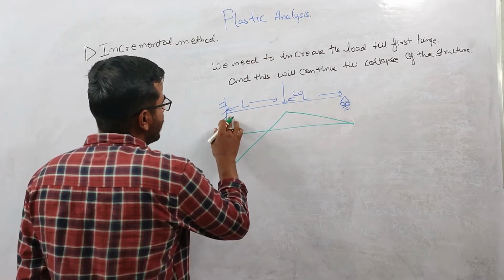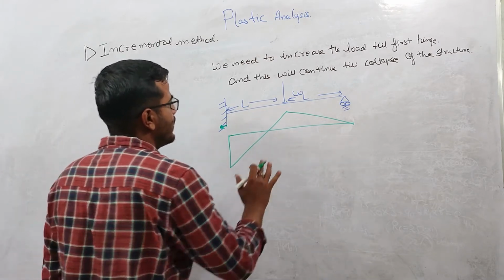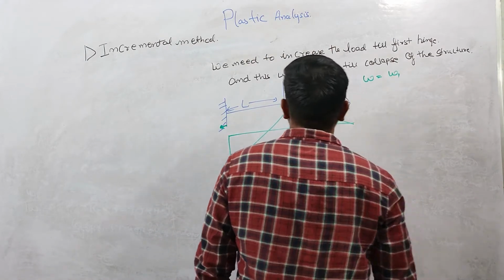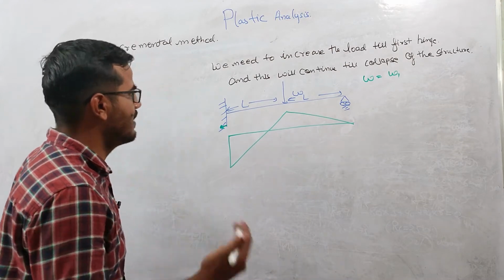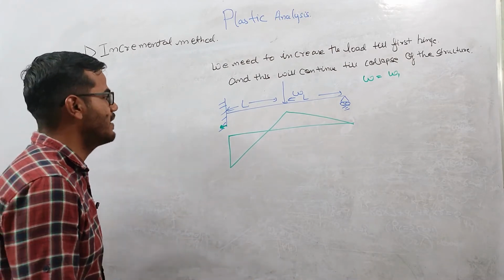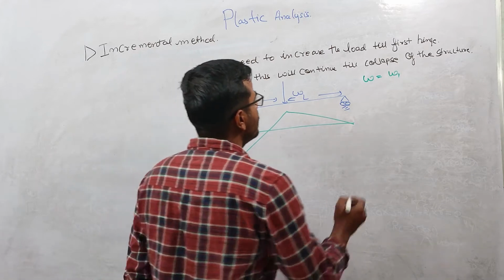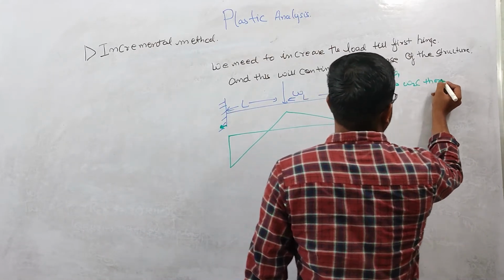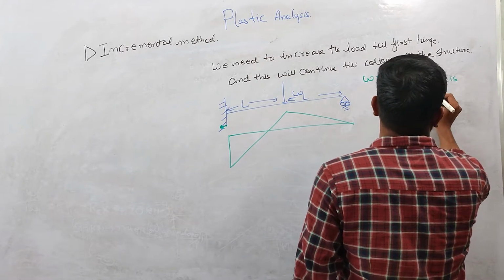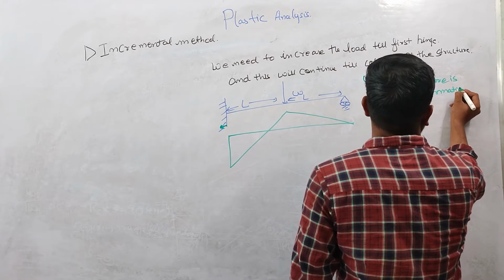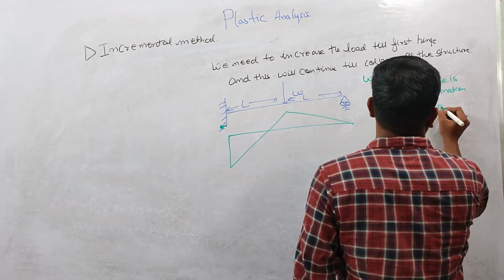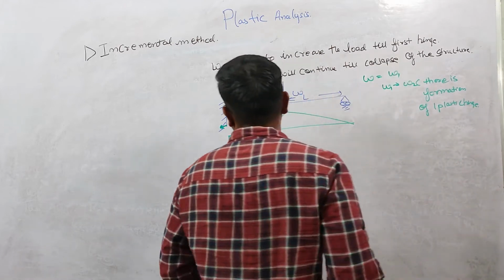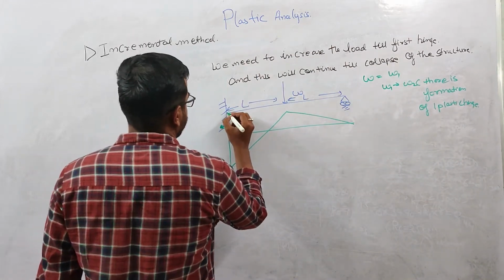Let us suppose the initial load is W1. For W1, this structure is in an elastic state, and there is no formation of any plastic hinge. When we increase this load from W1 to W2, there is formation of one plastic hinge, which forms at this point.